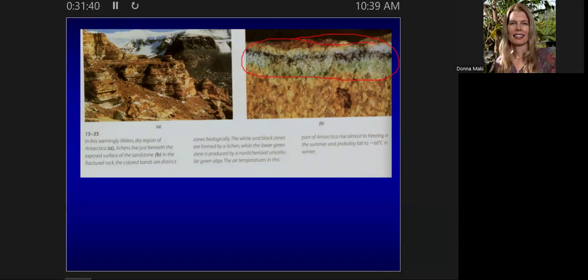That's lichens hanging out together in the rock. So the fancy word for that is endolithic, which means within the rock.